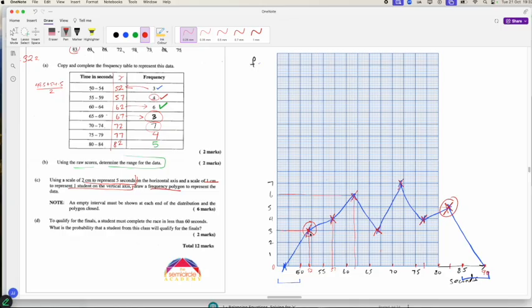Notice that from the first point here, if this is 50, I could have gone down to 0 right there at 50 actually. From this 52, I could have just closed the polygon at 50, go down to 0.